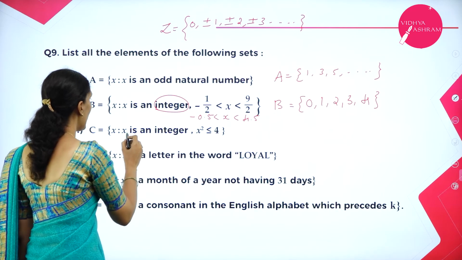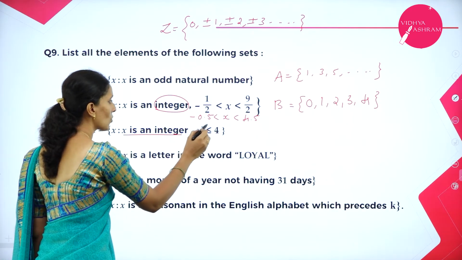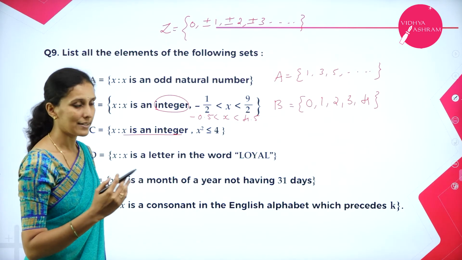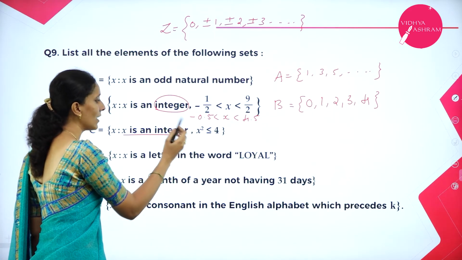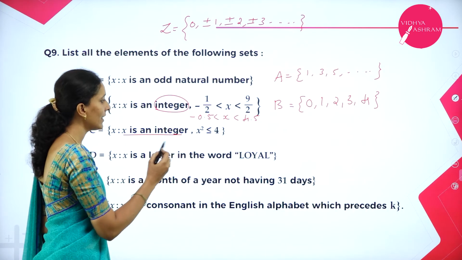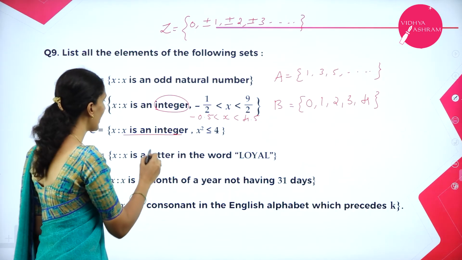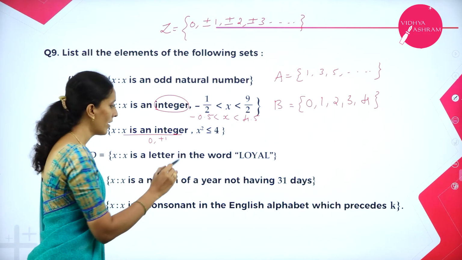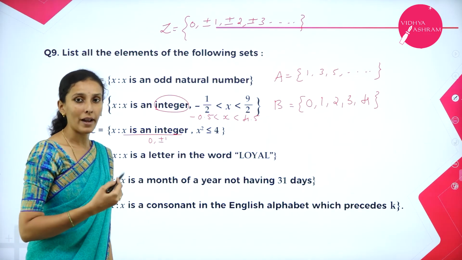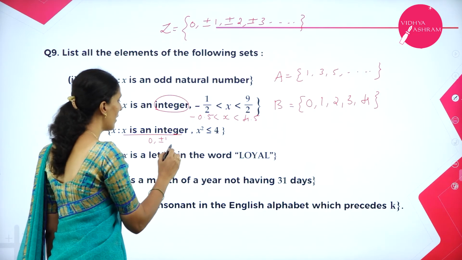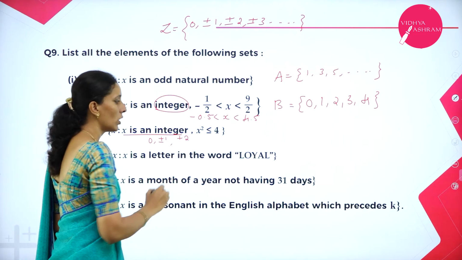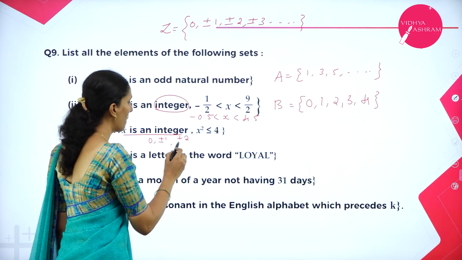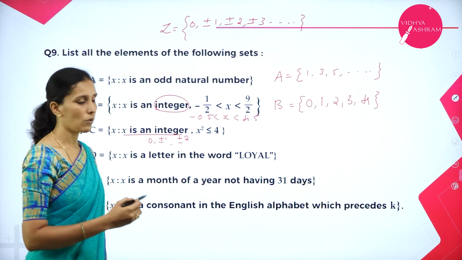Next, x is an integer, x square is less than or equal to 4. The value of x square must be less than or equal to 4. What values of x can I take? I can take 0. I can take plus 1 because 1 square is 1. I can take minus 1 because minus 1 whole square is also 1. I can take plus 2 whose square is equal to 4. Minus 2 also because it is equal to 4.